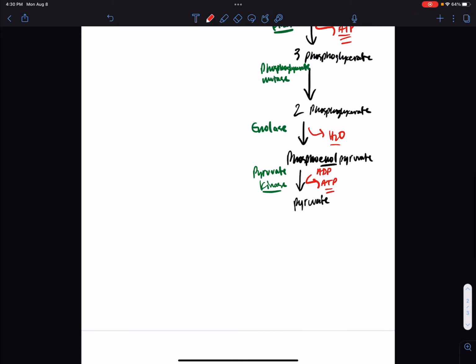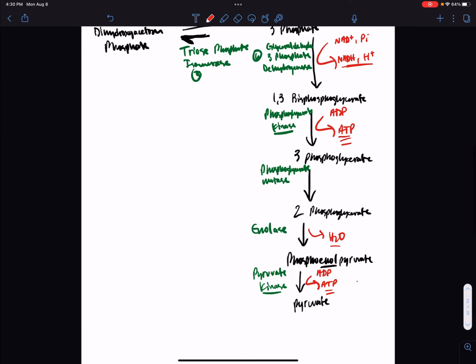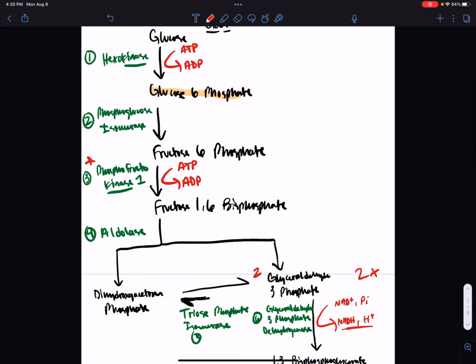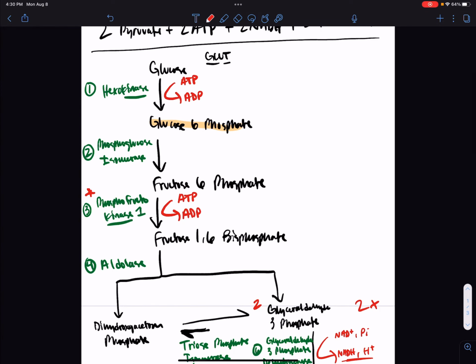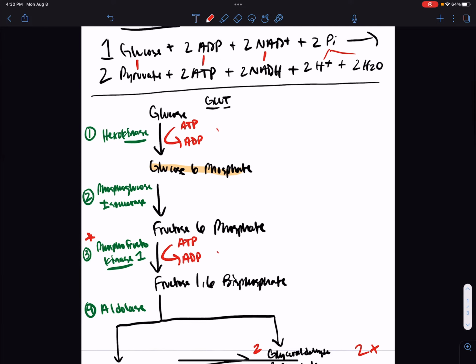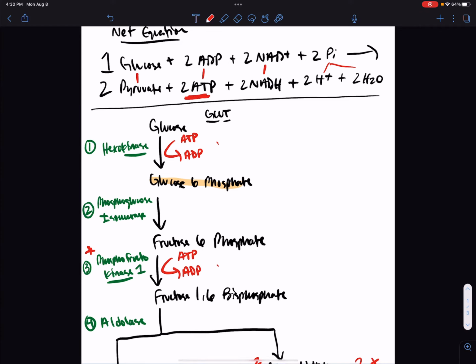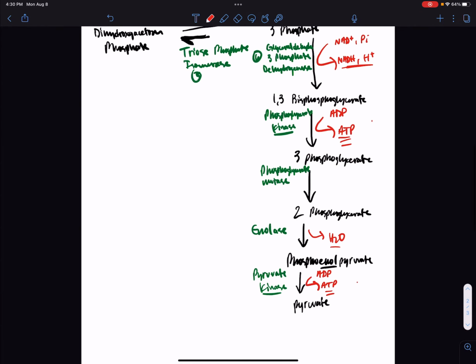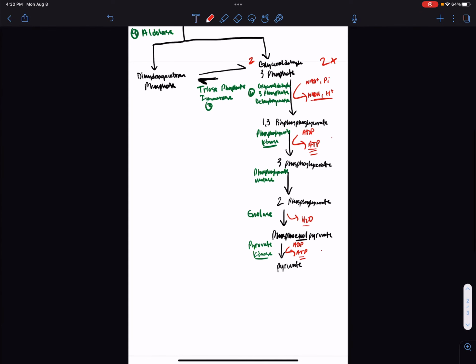So we have 2 ATP netted here and 2 ATP netted here. So 4 total ATP gained. And then we're expending an ATP, so we have 2 net ATP. And that is glycolysis.